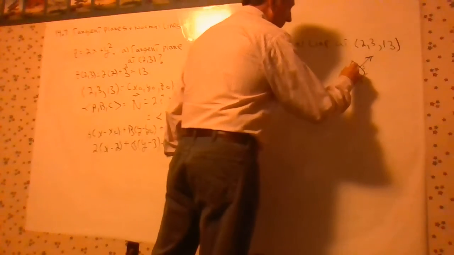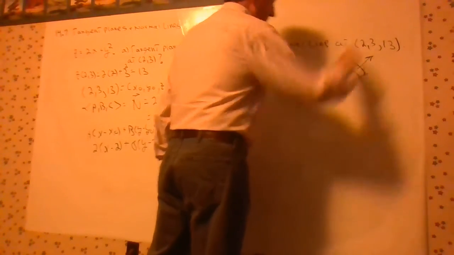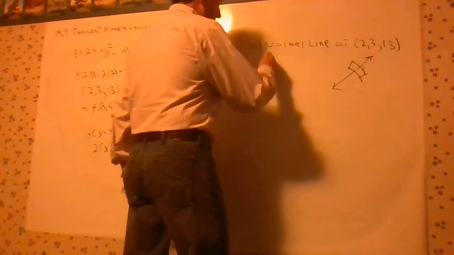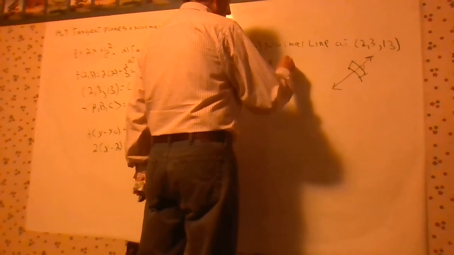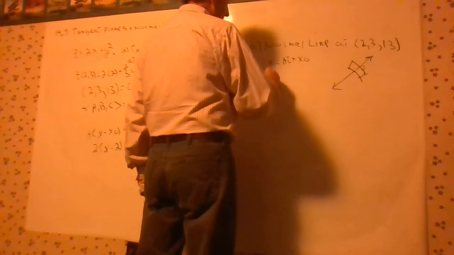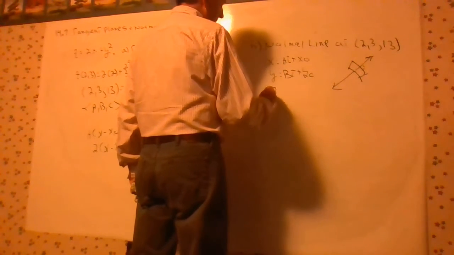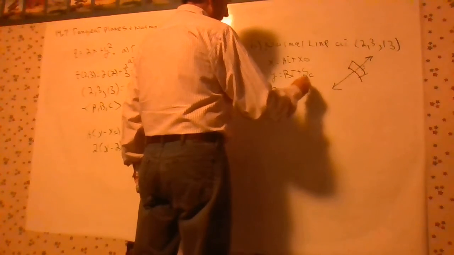This line sticks right out of the plane. It's perpendicular to a tangent plane. So, well, we can write out the parametric form, x equals at plus x0, y equals bt plus y0, z equals ct plus z0.